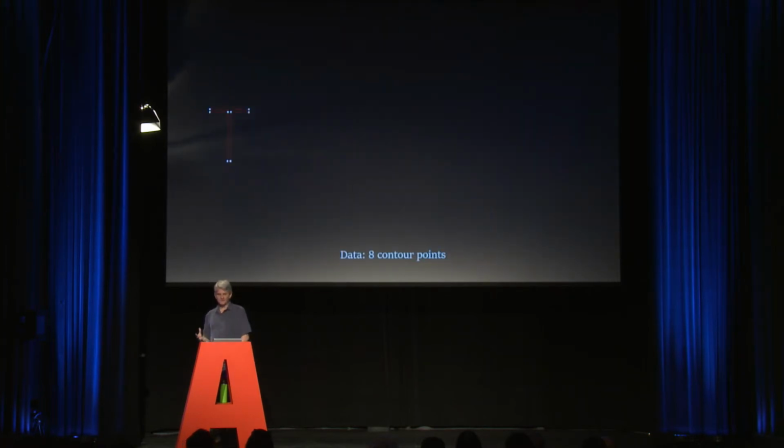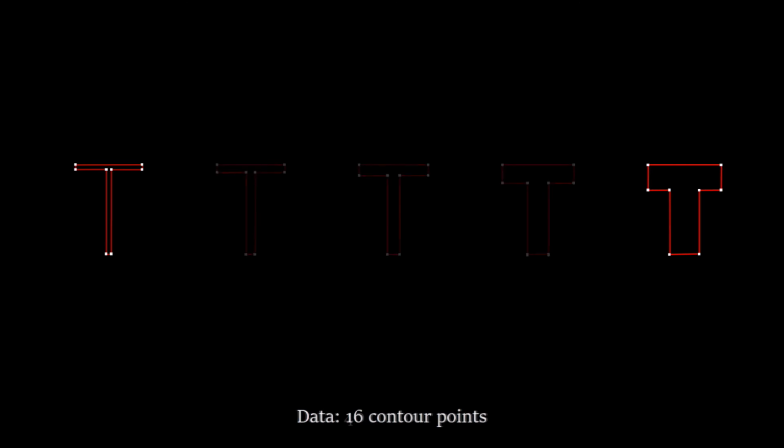One of the key benefits of variable fonts is that they provide a very efficient representation of data. David Berlow gave me this idea of how to describe this. So go back to this outline of the capital T, and I've got this lightweight. That's 8 contour points. And then if I take the heavy font, I've got another 8 for a total of 16 pieces of data. Let's suppose my family actually has 5 different weights.